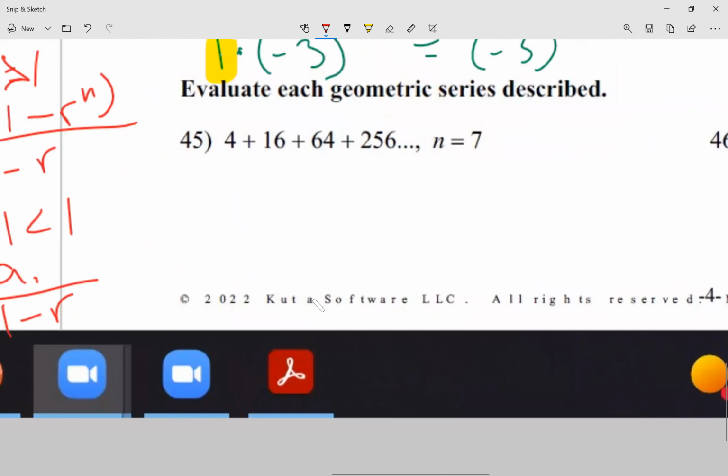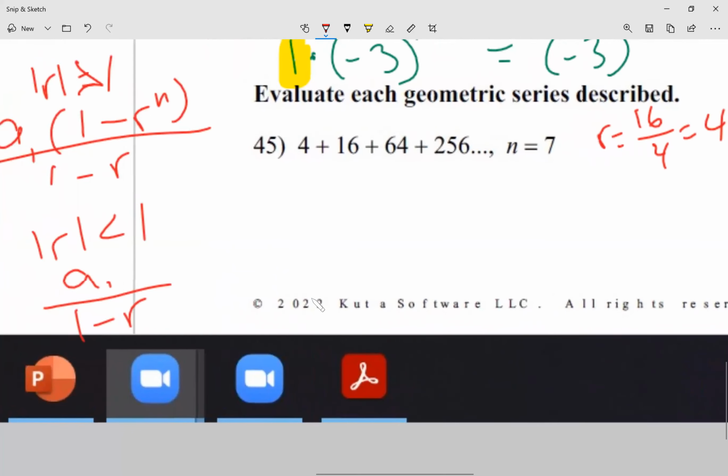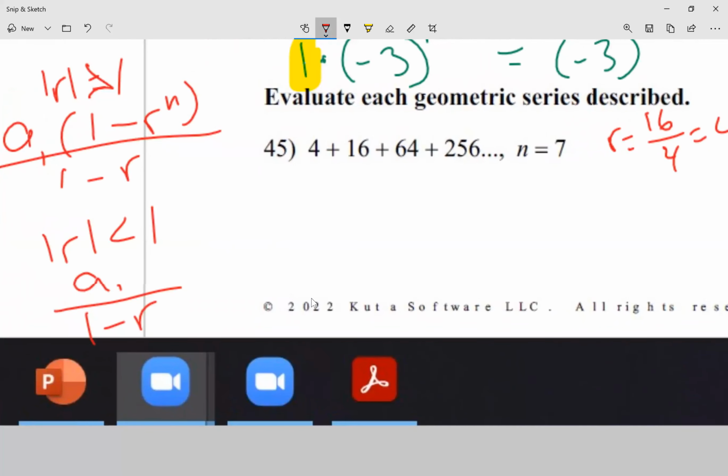So let's take a look. I need to find out what's the ratio. I'm gonna choose a number. Let's say 16 divided by the previous number. 16 divided by 4 is 4. The absolute value of 4 is more than 1. So I'm gonna be using the first formula. All right, the way I'm gonna do this, let's see.